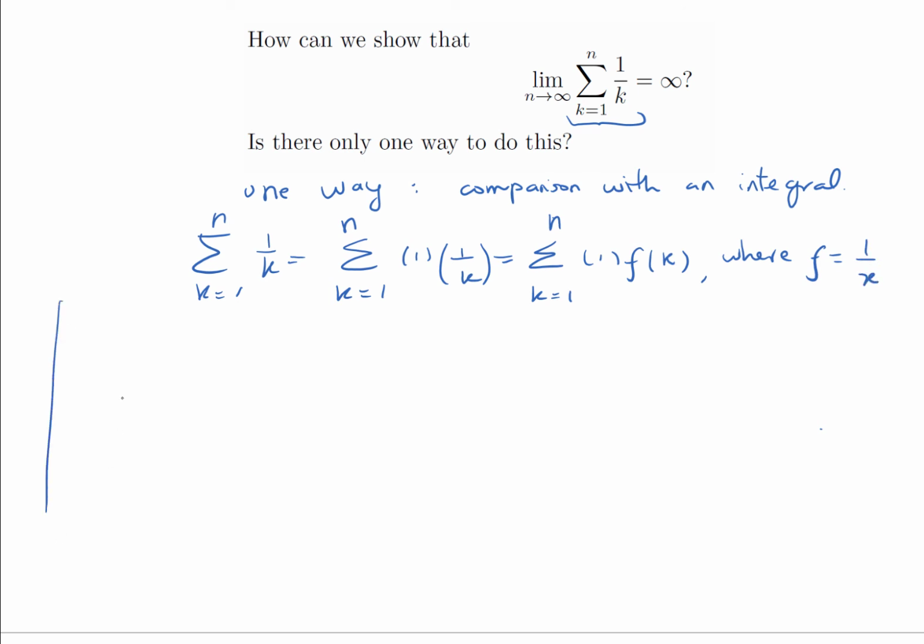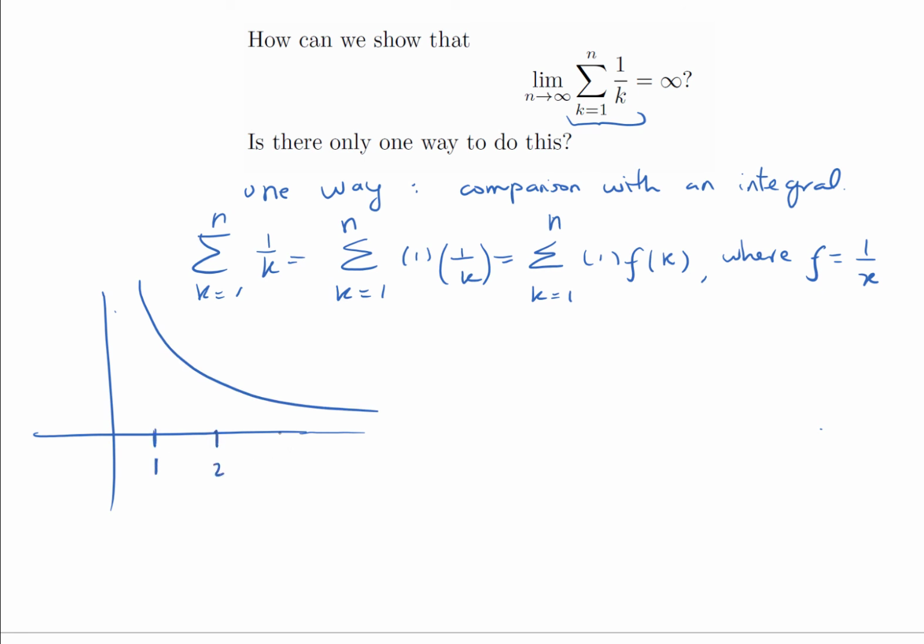So graphically, we have this function 1 over x, and we are evaluating it at 1, at 2, at 3, at 4, and so on. And we're taking rectangles of width 1 and height given by f of 1.